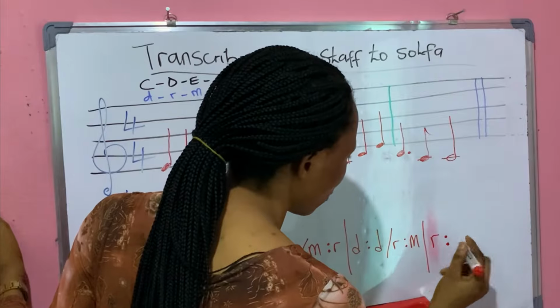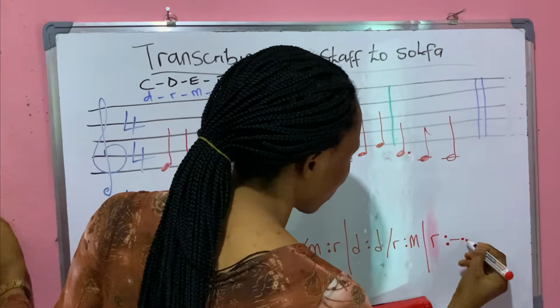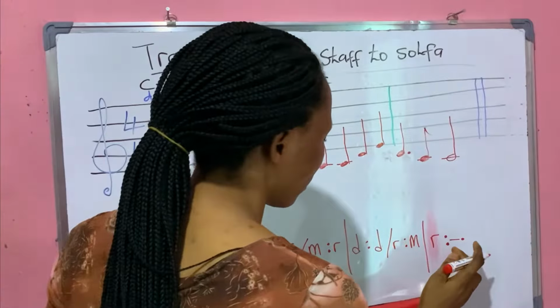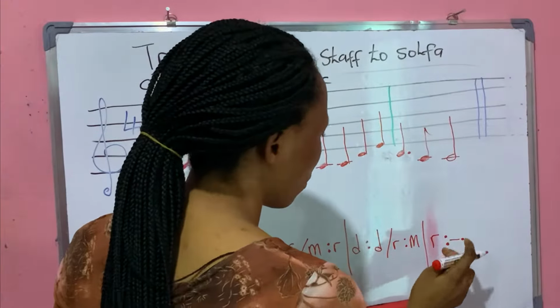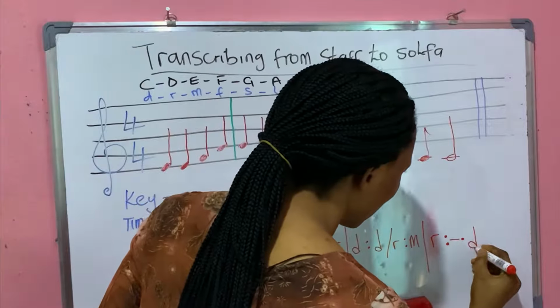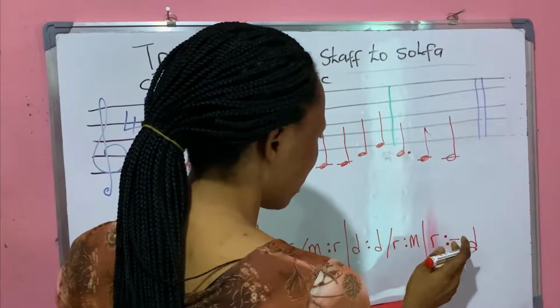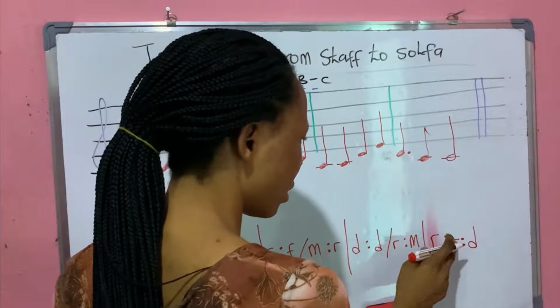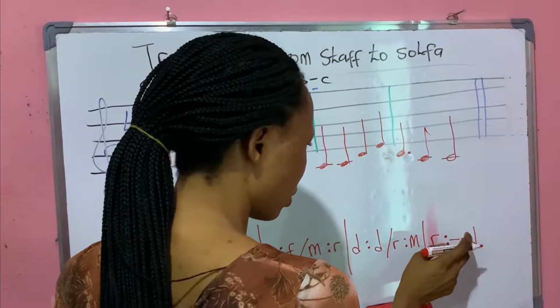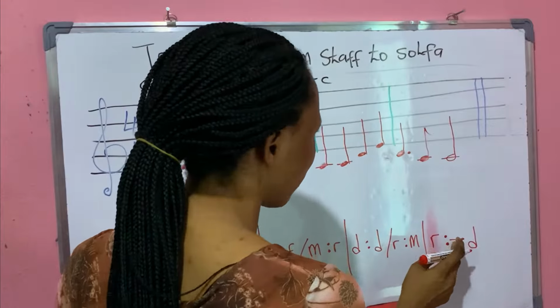This is 1 full and a half, Do. Then that Do now is half, because this place now represents half. This dash and 1 dot now represents half.